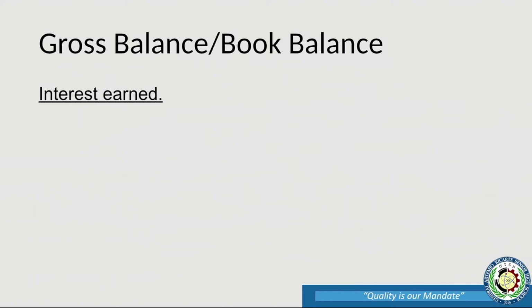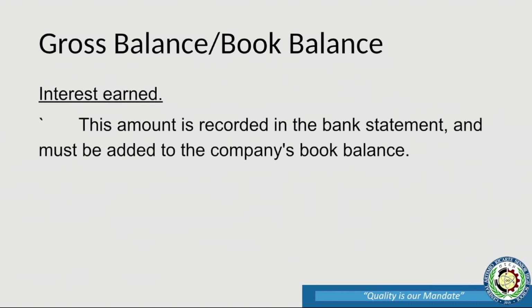So the first is interest earned. This amount is recorded in the bank statement and must be added to the company's book balance. Interest earned is when a company or a certain person deposits a certain amount of money in the bank, and over a period of time it will earn interest at a certain percentage of the money.